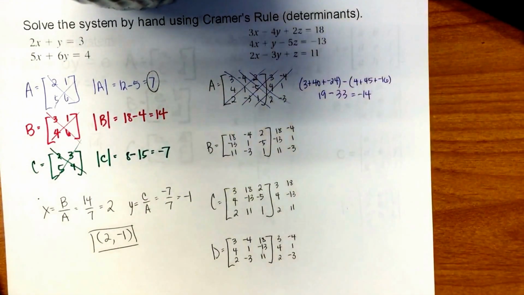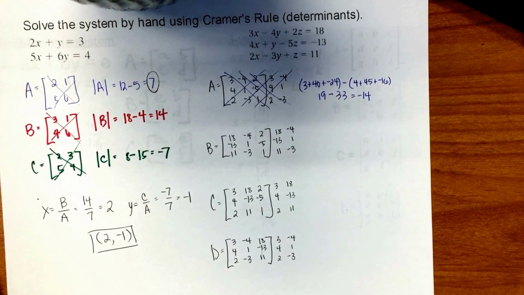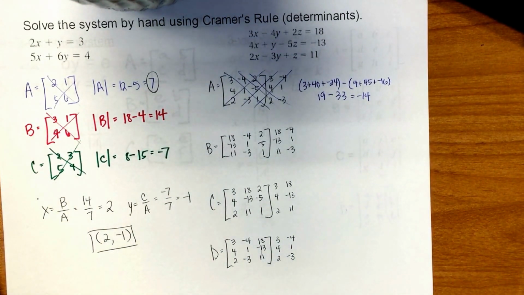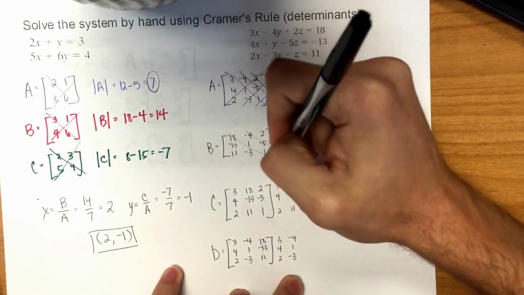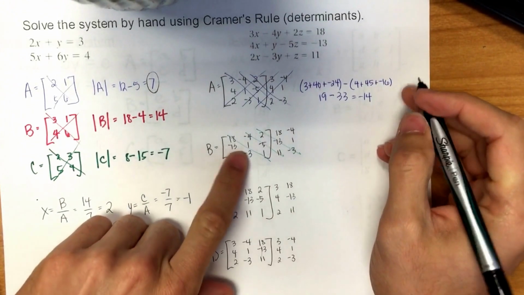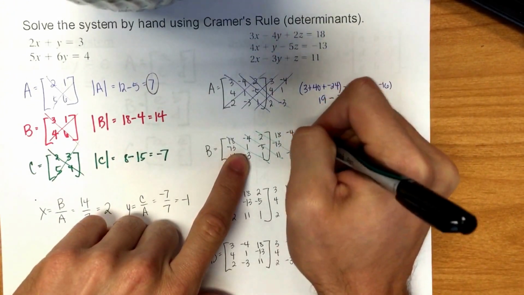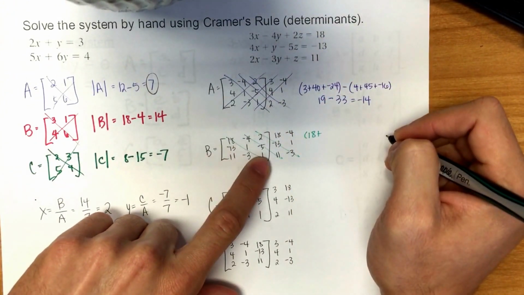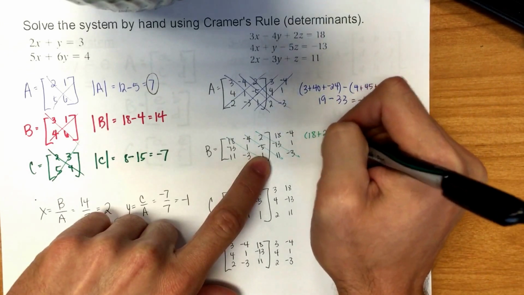So again, diagonal, diagonal, diagonal, and we're going to find those values, and then we're going to subtract what we get. So let me get a different color. When I multiply the first diagonal, I'm going to get 18. Second diagonal is going to give me 220.